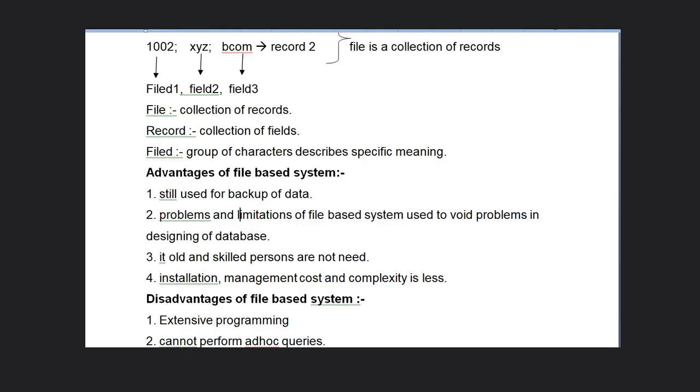Third, it is old, and skilled persons are not required to maintain the file-based system. Installation and management cost is less, meaning it does not require more hardware, more software, skilled persons and training for the user, so the cost automatically decreases.